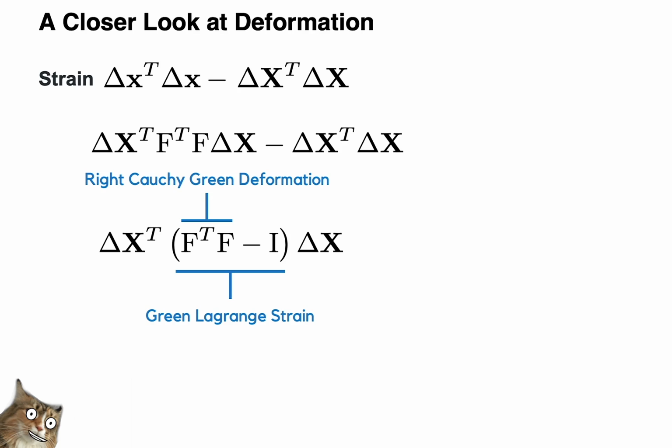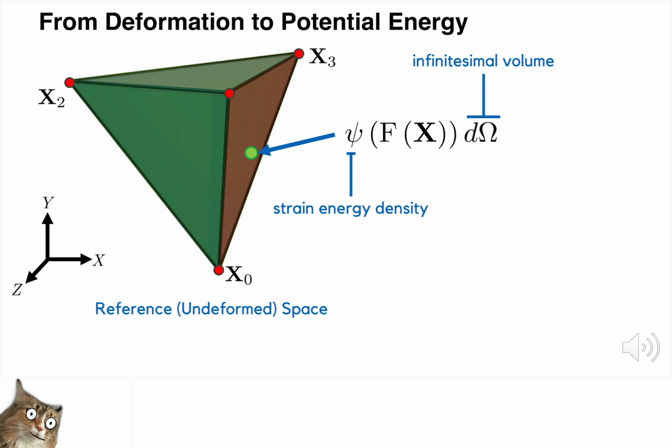Like our mass spring system, we can now use this strain to compute a per tetrahedron potential energy. Just like with kinetic energy, we can start by looking at the potential energy of a single point in our tetrahedron. Here we introduce a special function psi, the strain energy density, which converts deformation gradients to potential energy per unit volume.